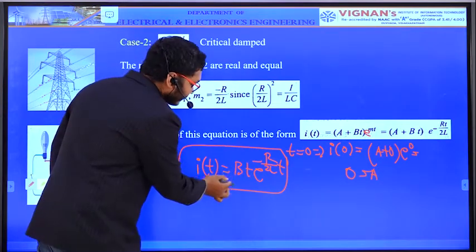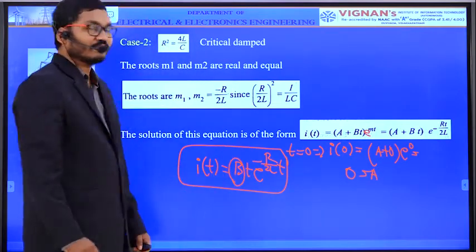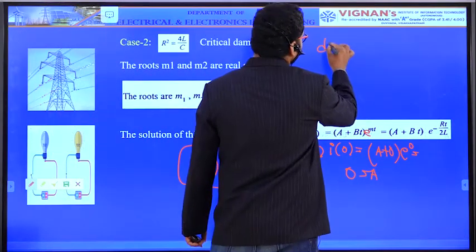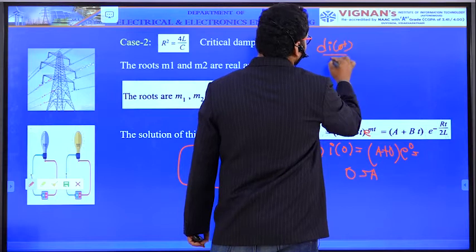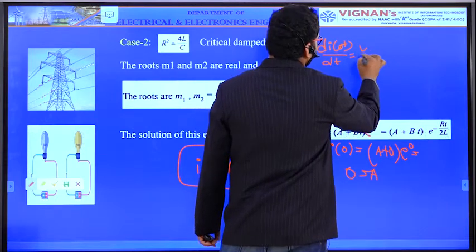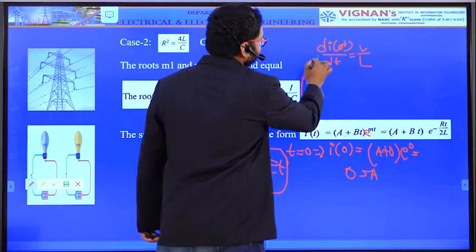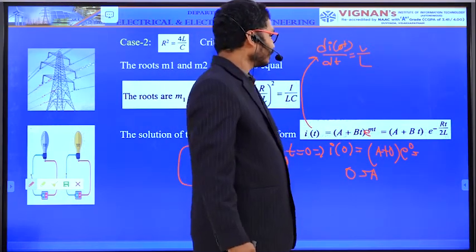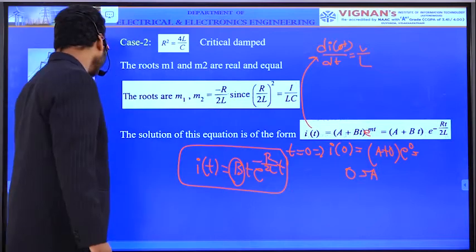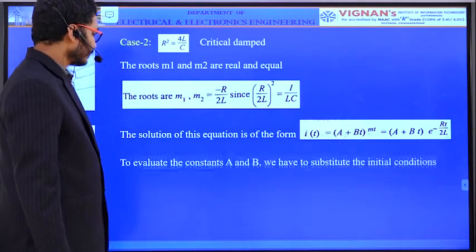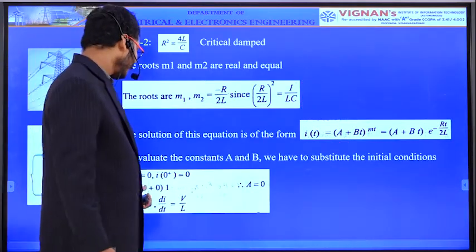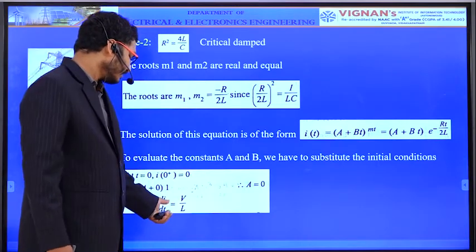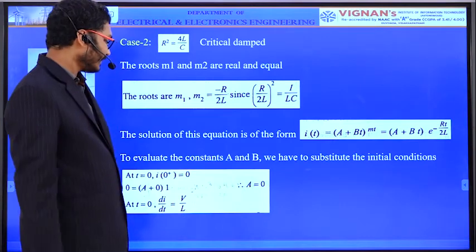But you have to eliminate b also. How will you find b? Like the previous case, di of 0 plus by dt equals V by L. For this equation make the derivative, so at t equals 0 substitute it, and you will get V by L. Previously we have solved.